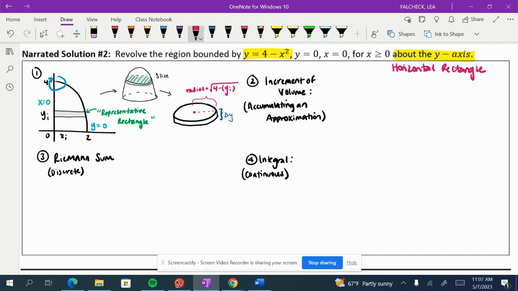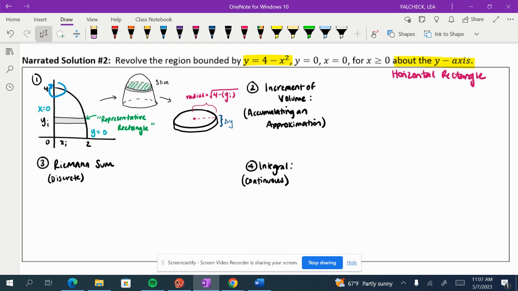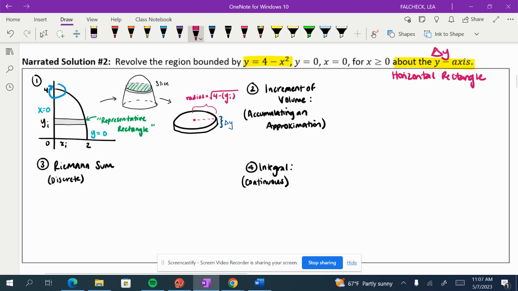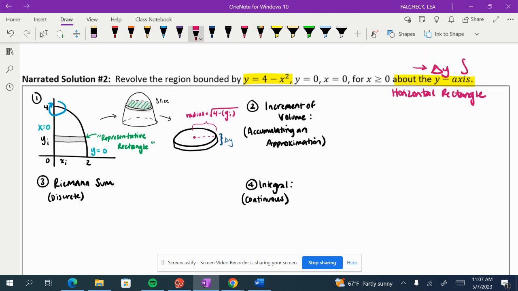So if we think about that slice in terms of a radius with a height of dy, you will notice that we are going to have to integrate with respect to y.